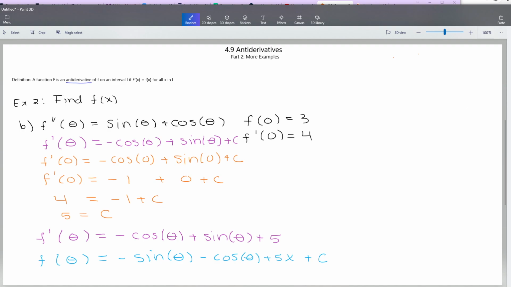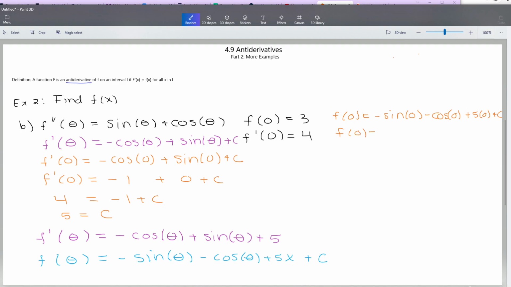Now I still need to figure out what c is, so I'm going to use this f of 0 equals 3 information. So f of 0 equals minus sine of 0 minus cosine of 0 plus 5 times 0 plus c.